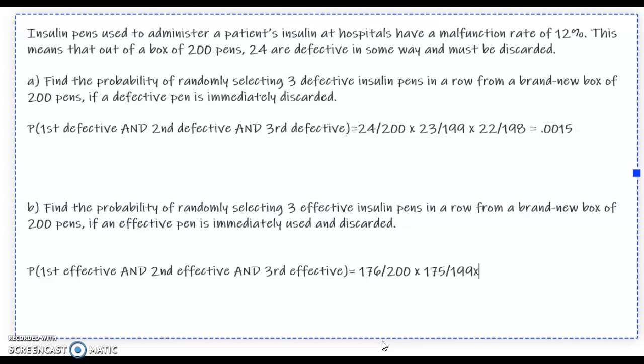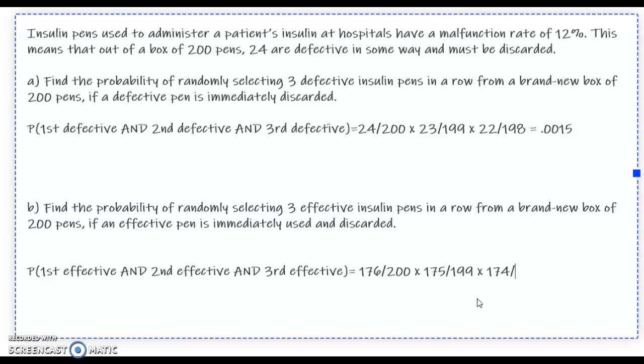And then our third piece of this one is find the probability of a third pen being effective, assuming that you've pulled a good one, used it, threw it away, pulled another good one, used it, and threw it away. So now I want to find the probability of pulling another good one. Well, I had 176 good, used one, got down to 175. Now I used another one, now I should be down to 174.